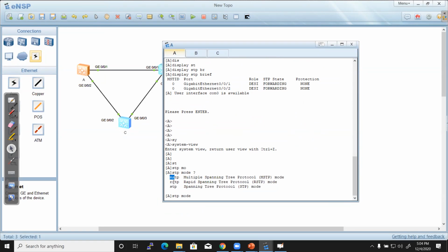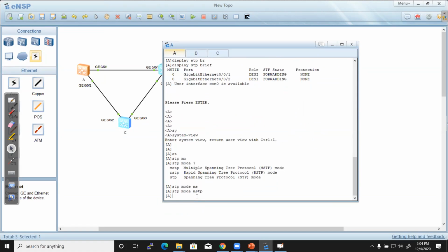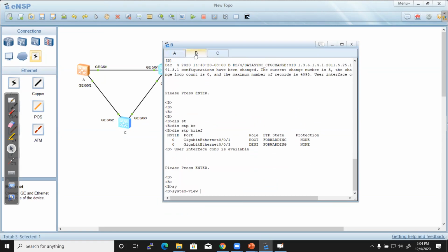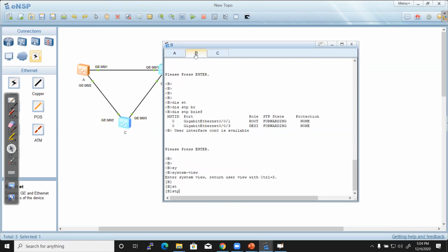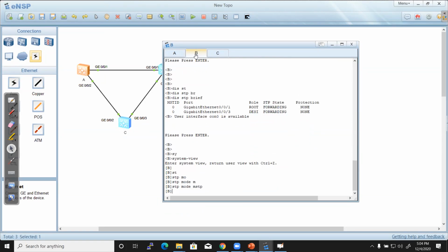By default in Huawei, this is RSTP, but you can go with STP and you can go with MSTP. So you need to change the mode first, stp mode mstp. You need to change this mode on all the switches, because on all the switches I want to run MSTP.